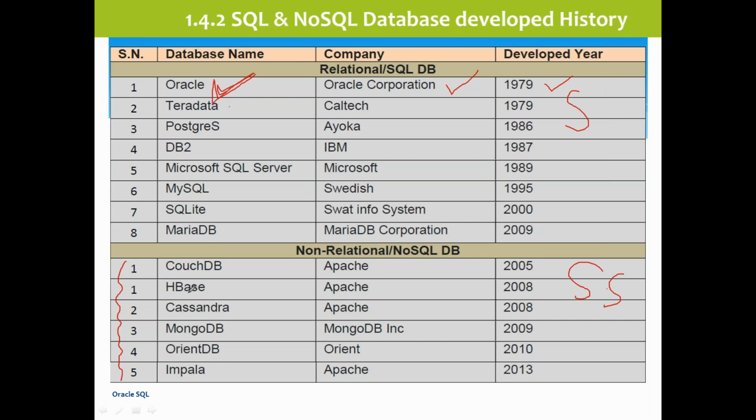HBase, by Apache, in 2008. The same Apache company developed Cassandra, another database, in 2008. MongoDB Inc. developed the MongoDB database in 2009. Orient company developed OrientDB in 2009. Again Apache developed Impala in 2013. So Apache is the major one for NoSQL, non-relational, semi-structured databases.